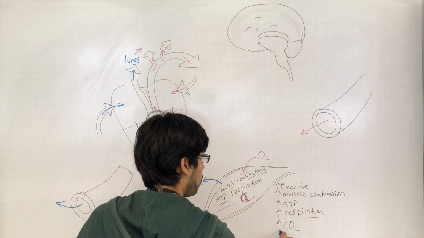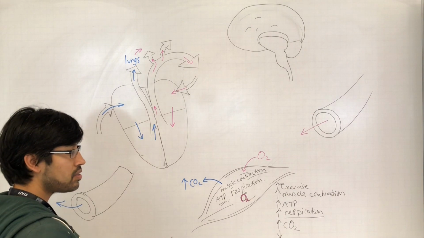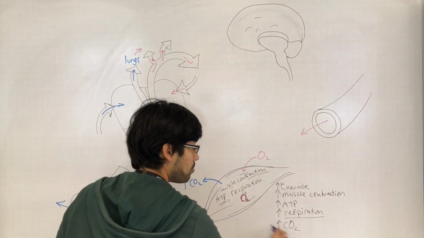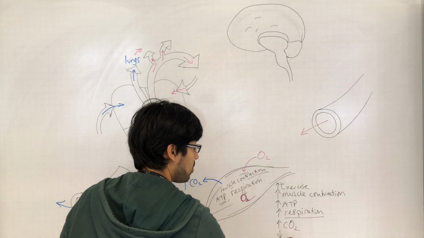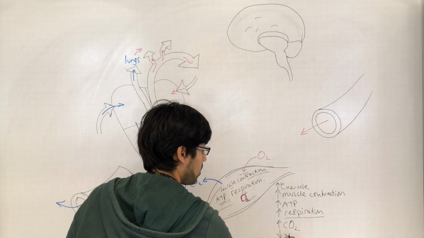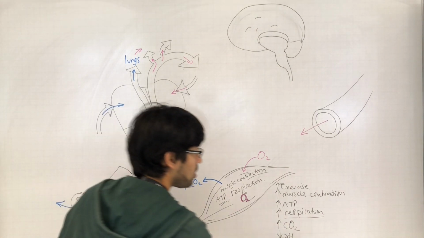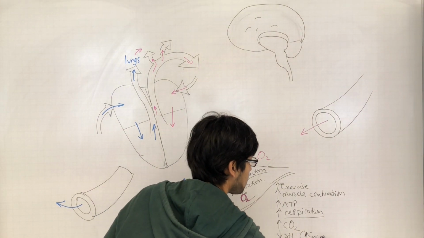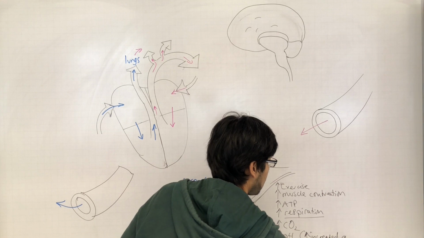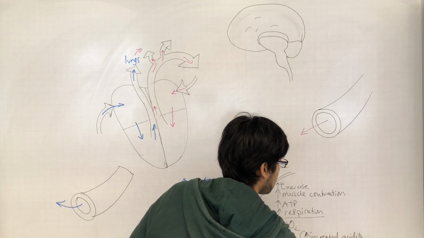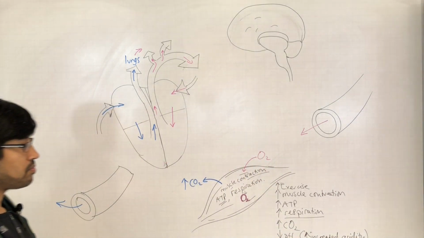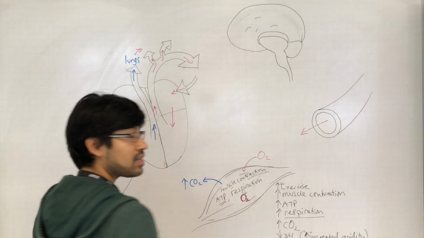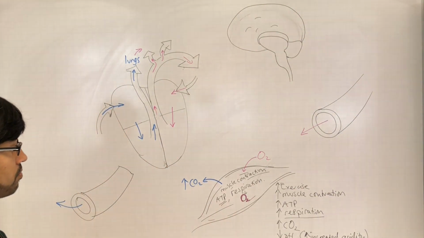Okay, so what happens is, because of that, the pH levels of the blood plasma decrease. Okay, so decreased pH, we can just remind ourselves, is increased acidity. So the blood plasma becomes more acidic, the pH levels go down.